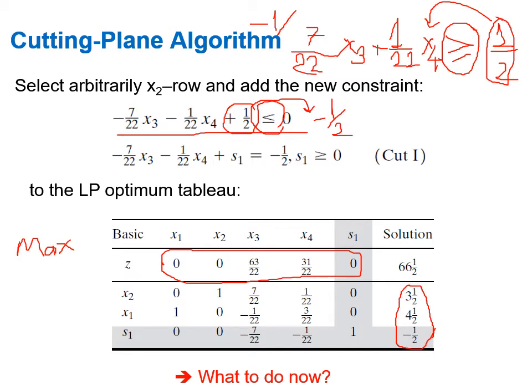Remember, a Tableau is feasible if all right hand side values are greater than or equal to 0, non-negative. But you see, for this new constraint, we have negative, -1/2. It means that this Tableau is not feasible. So if a Tableau is not feasible, you cannot say that it's optimal. First of all, it should be feasible, and this Tableau is not feasible.